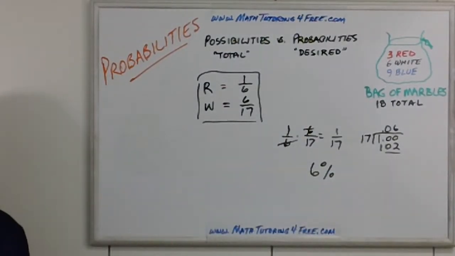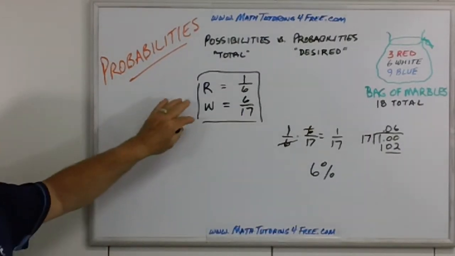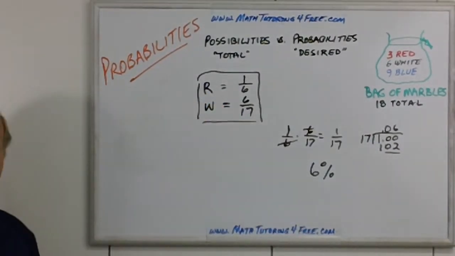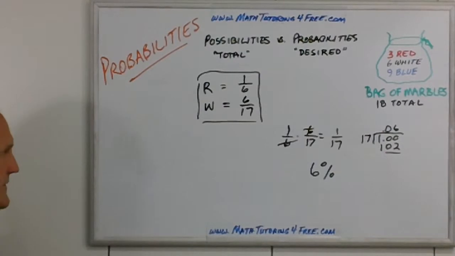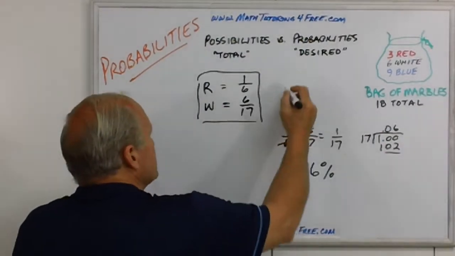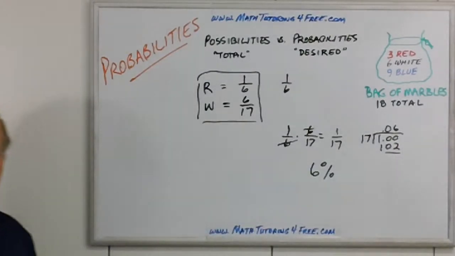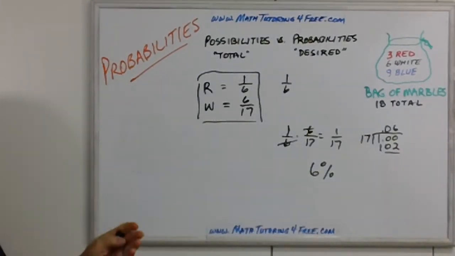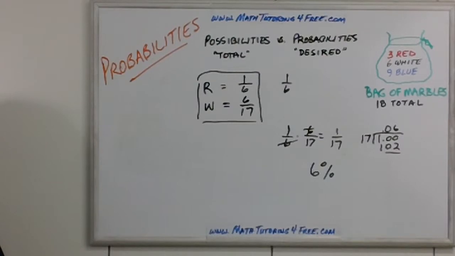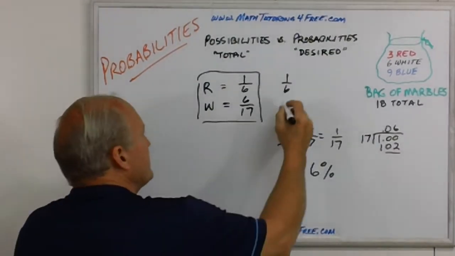Now, what if we didn't? That was without replacement. What if we did replace it? Okay, then we still have 1/6 for the first one, but how does the second one change? The second one now, we still have 6, but instead of 17 marbles, we've got 18 marbles.